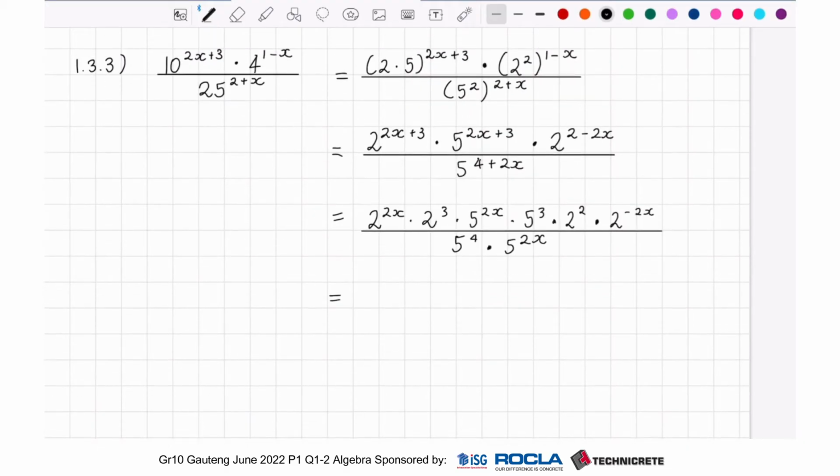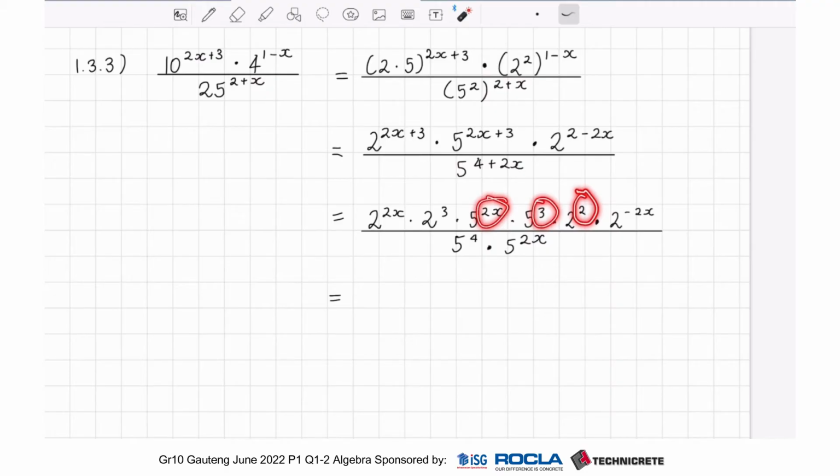Okay, and now, since everything is being multiplied by each other, I can just add the exponents which have common bases. So for my base 2 ones, I'm going to have this base 2 raised to the power of this, plus this, plus this, plus this. And then for the 5s, I'm going to have base 5 raised to the power of this, plus this, plus this.